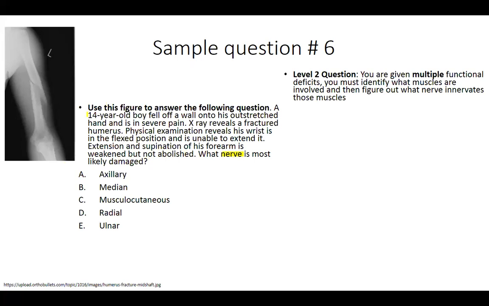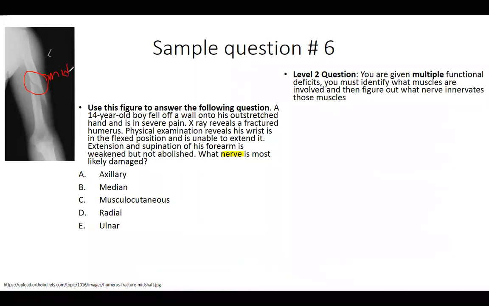The stem itself says a 14-year-old boy fell off a wall onto his outstretched hand, okay, and is in severe pain. Now the X-ray reveals a fractured humerus. So let's look at the fracture. The fracture is right down the middle of the humerus. It's the mid-shaft. Okay, so if you look, it's right here. All right, so it's the mid-shaft.